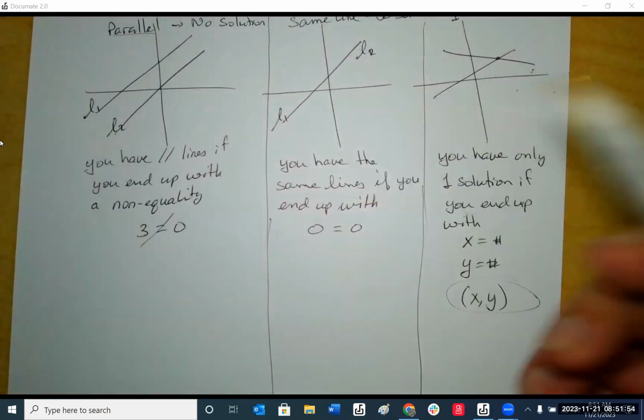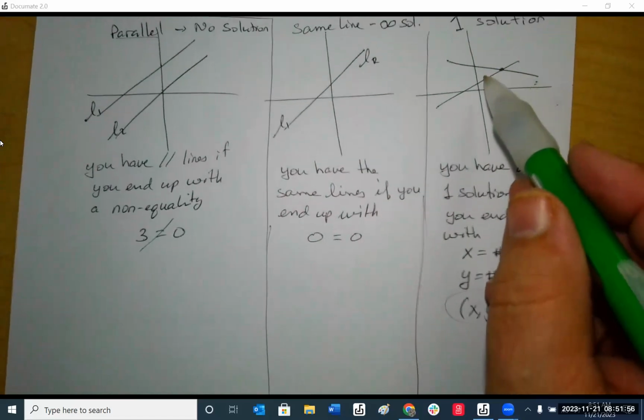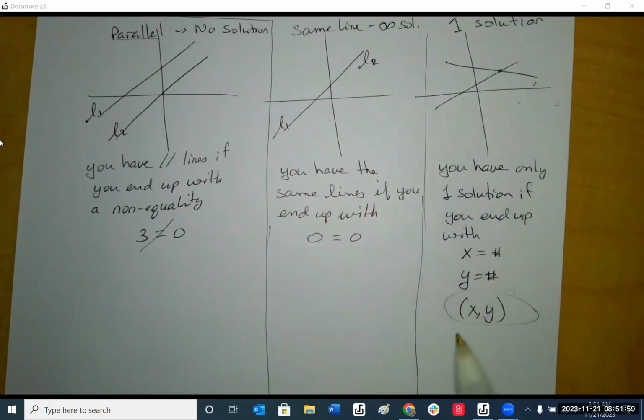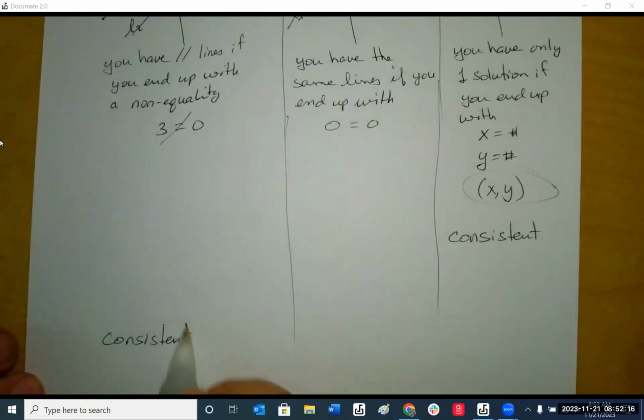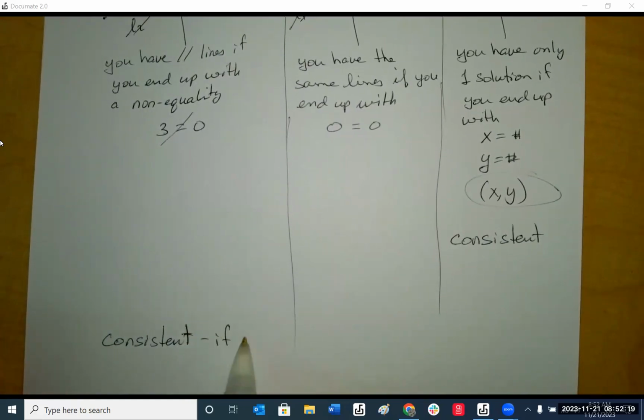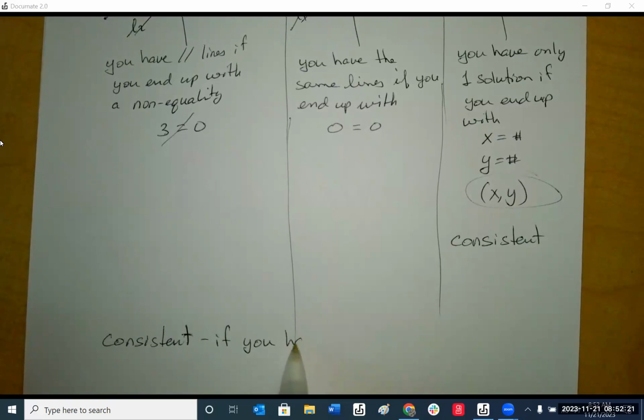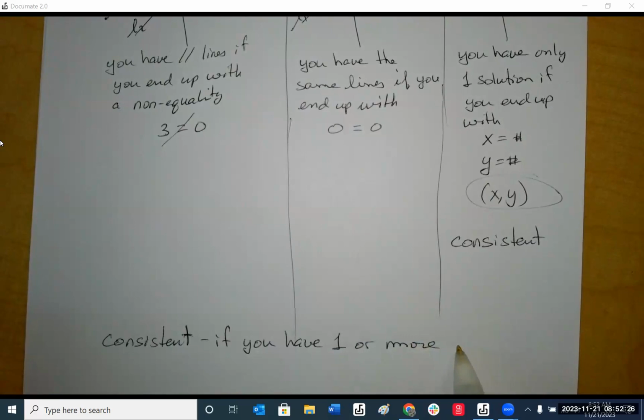All right. If they have a solution, they're called consistent. In other words, consistent if you have one or more solutions.